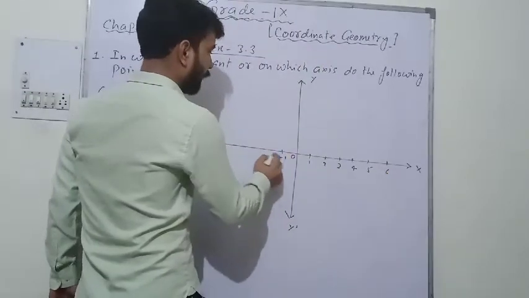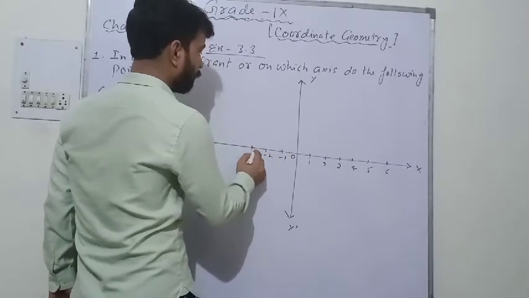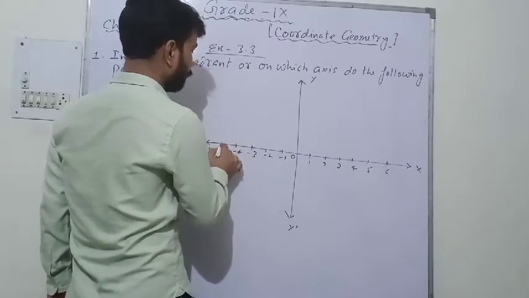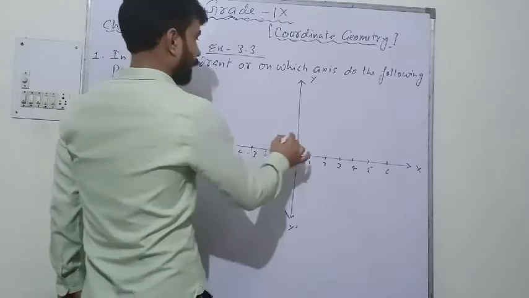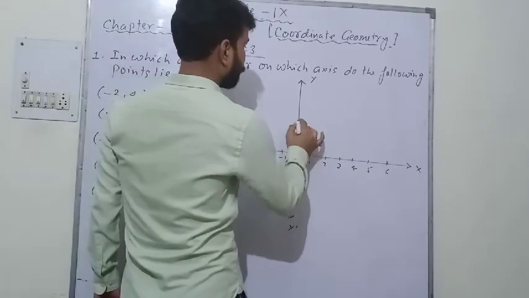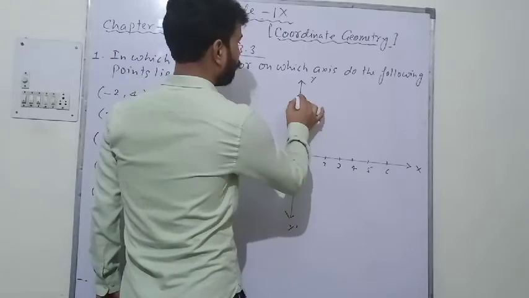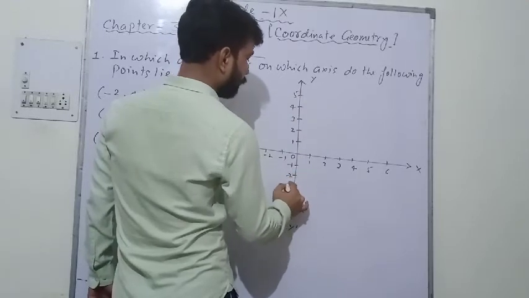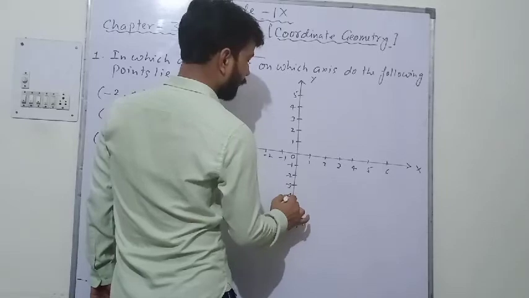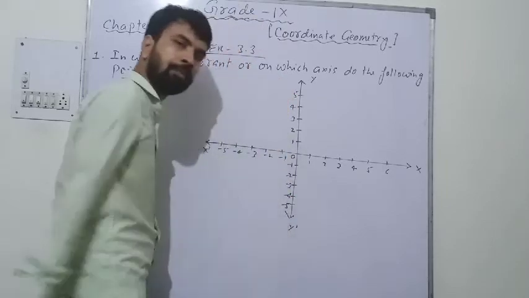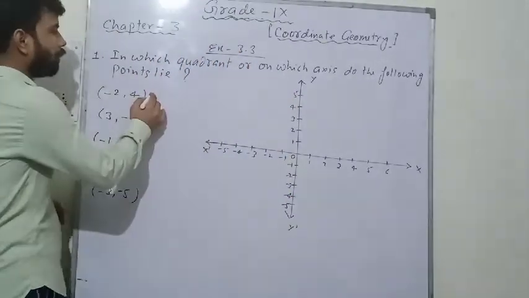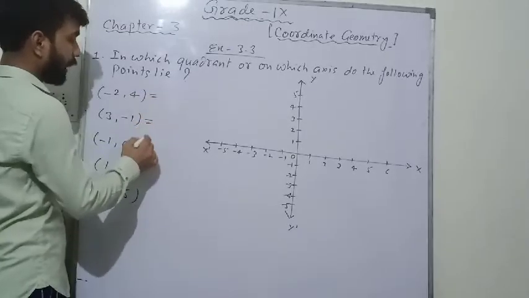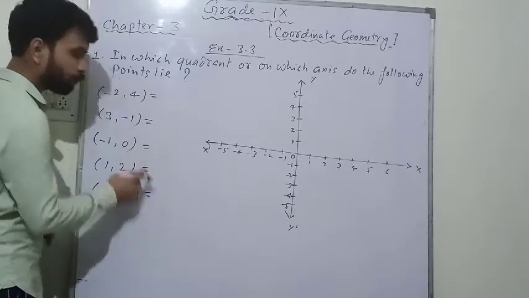Same here, -1, -2, -3, -4, -5. And this is 1, 2, 3, 4, 5. -1, -2, -3, -4, and -5. So first of all, we have to find on which axis or in which quadrant these points lie.